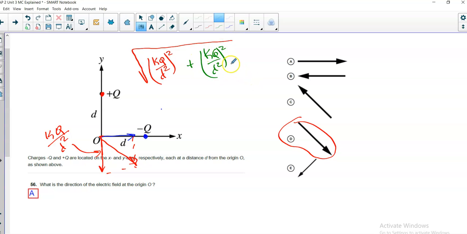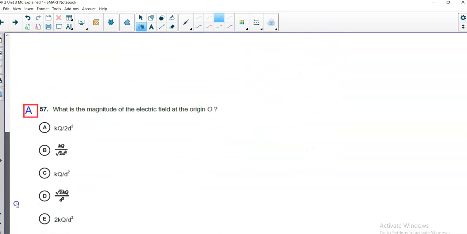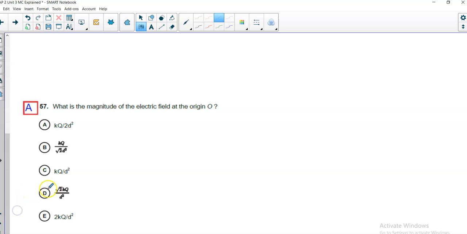So there's two of them. Then we can take the square root. So it's going to be the square root of 2 times kQ over d squared. So I'm looking at D for this one as well.